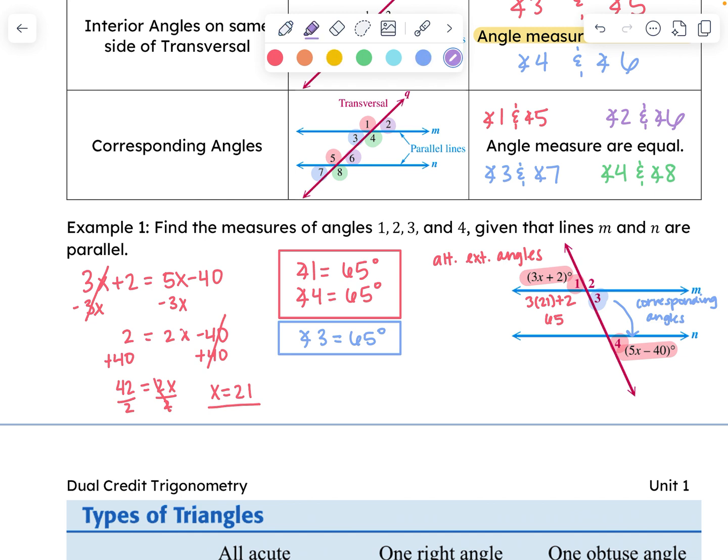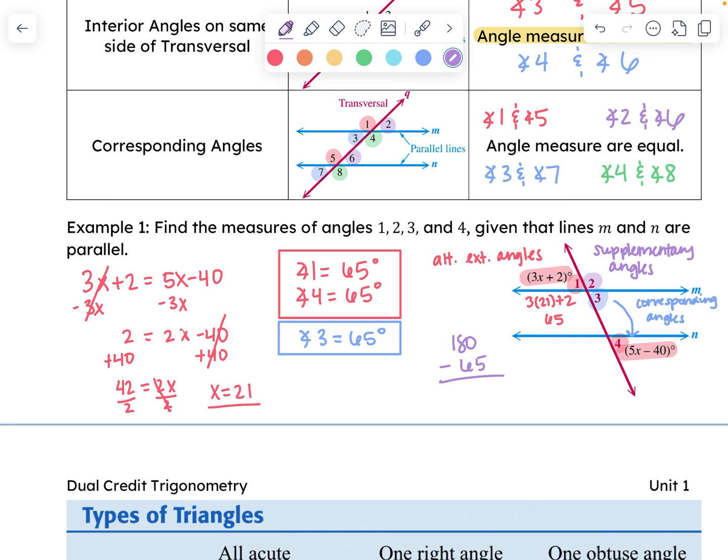Then my last one that I need to figure out is angle 2. And I can look at the relationship between 1 and 2 or 2 and 3. Either way, I'm going to figure out that that is a supplementary angle relationship. And I'm going to know that 180 minus 65 is going to get me whatever that angle 2 is.